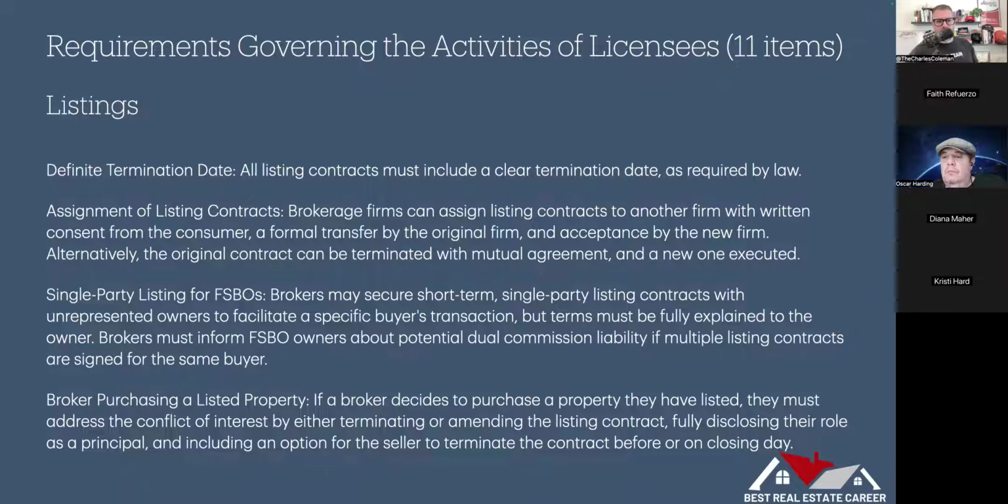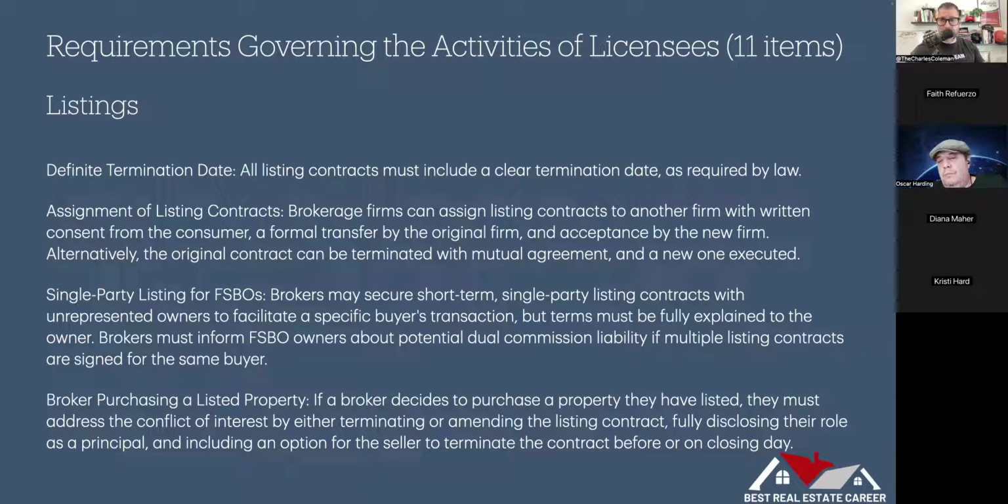And so the original contract is now terminated, right? And we have a new one that is going to be rolling. If that assignment doesn't happen, that's the real world of what really will happen: that person is probably going to terminate. They're probably going to fire brokerage A. Again, we're not lawyers. We can't tell somebody how to do that.